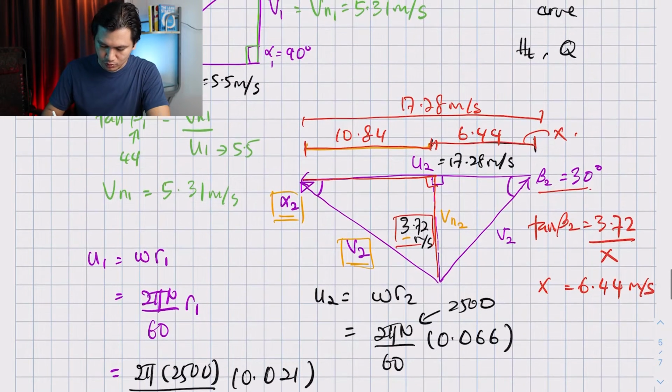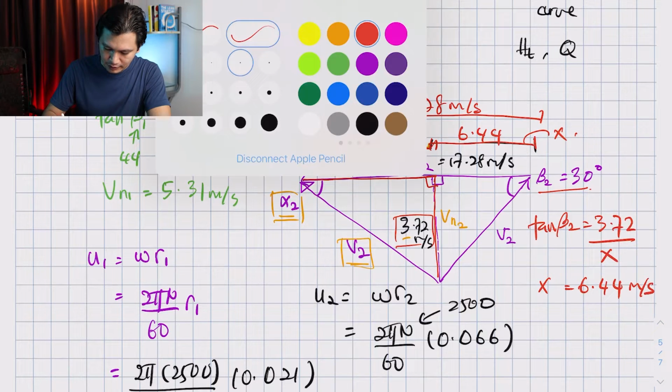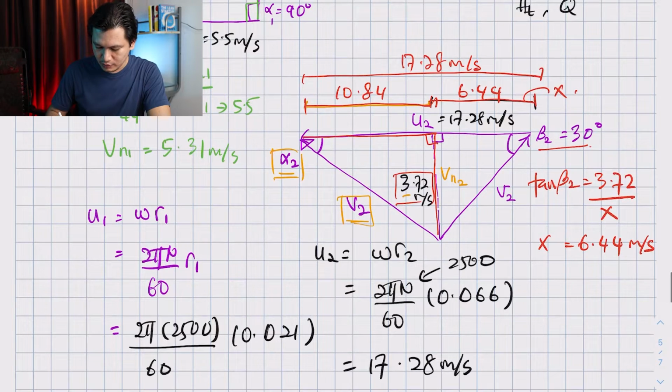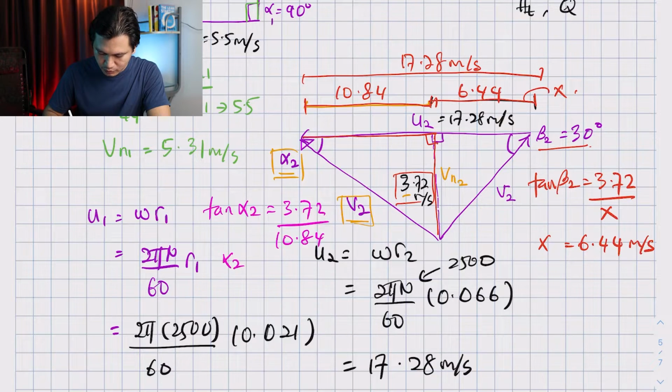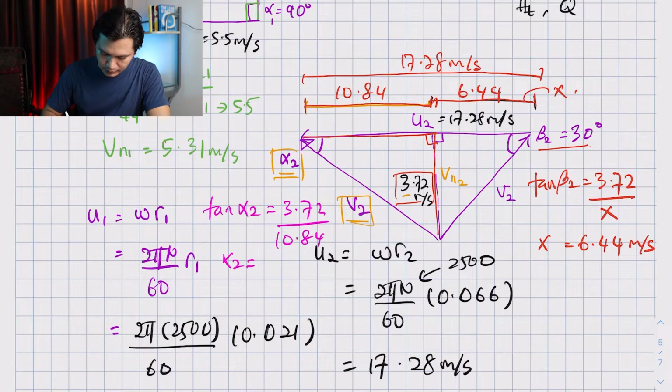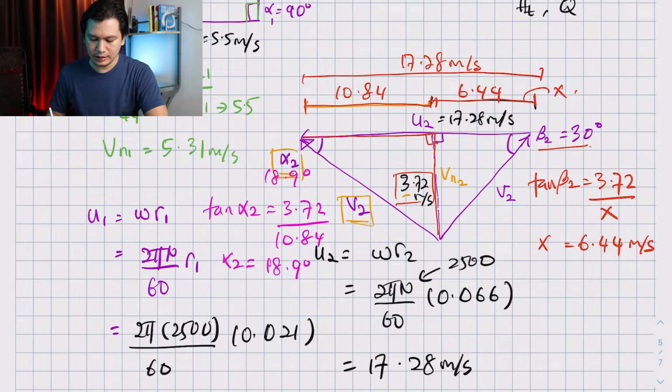So alpha 2, let me write this in another color. Let's do pink here. So tangent alpha 2 is equal to 3.72 divided by 10.84. So I'm going to have alpha 2 equal to 18.9 degrees. If I label it here, this is 18.9 degrees.